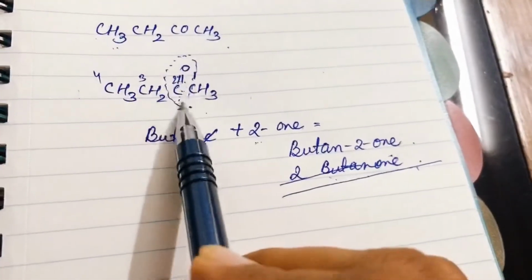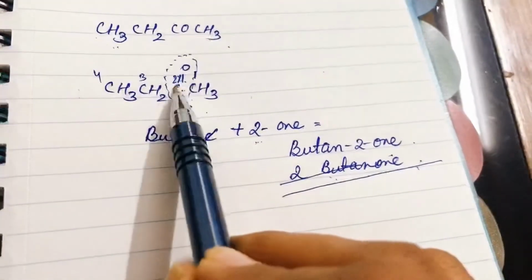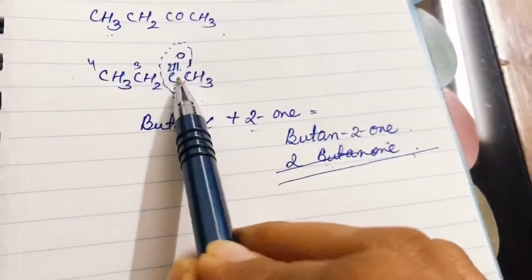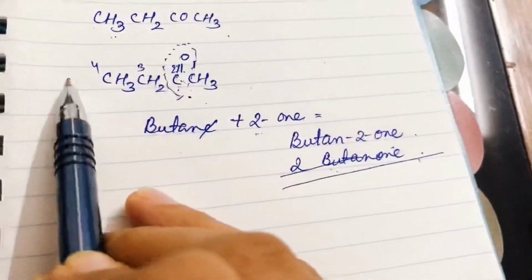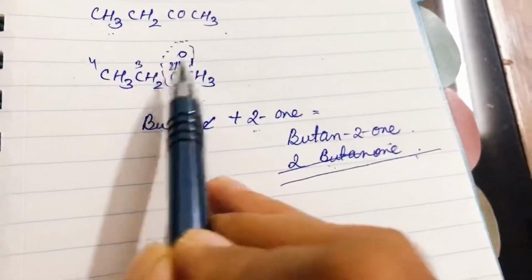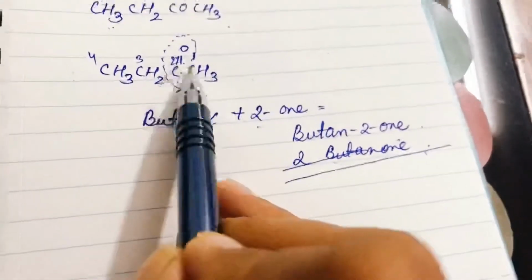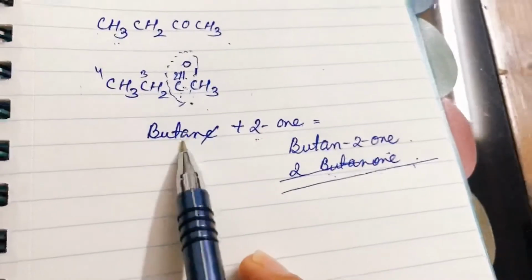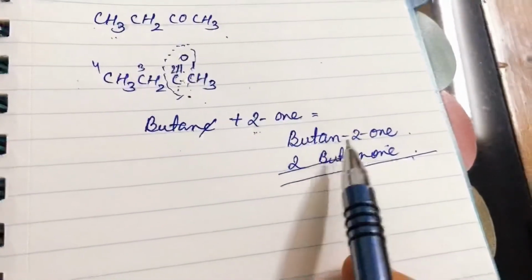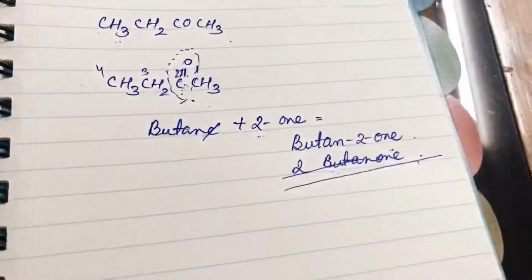At which place is the ketone group? From this place. We will count from the nearest side, right? If you count from here, this ketone group will take the third position, but if you count from here, it will take the second position. So we will count from here. So what have we counted? Butane 2 one. Butane 2 one. You can write 2-butanone also.